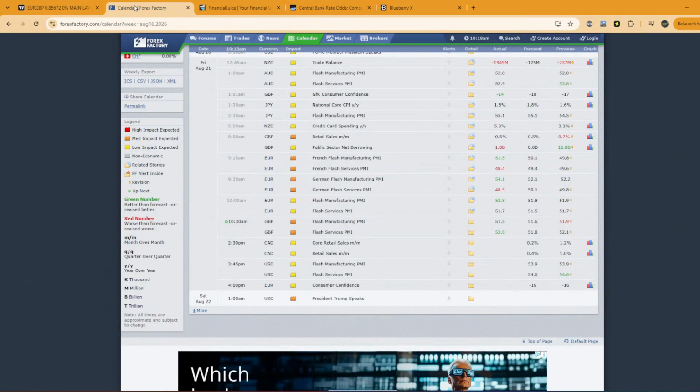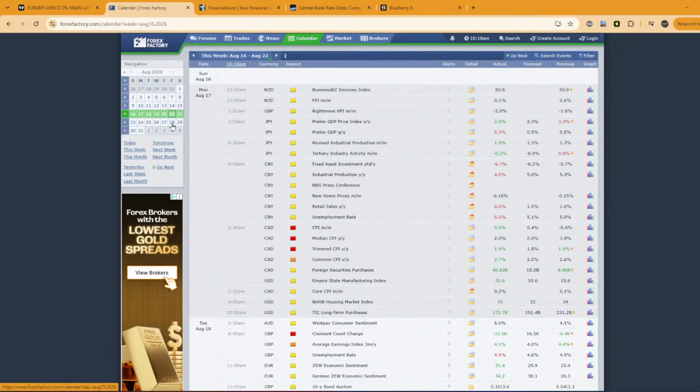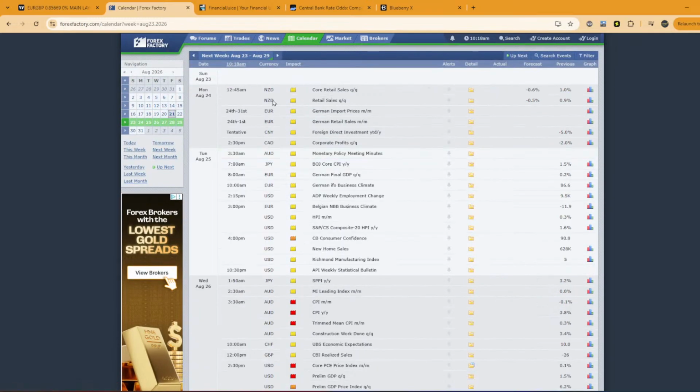So let's see next week, I want to leave it over the next week. Let's see, on Monday some retail sales on German and Euro could slightly impact the trade. We know it's not highly impacted.